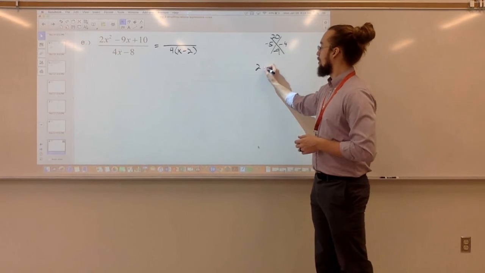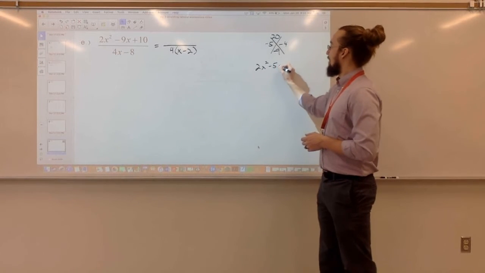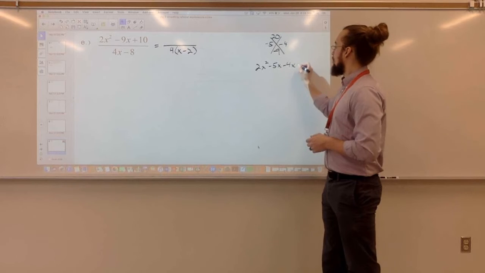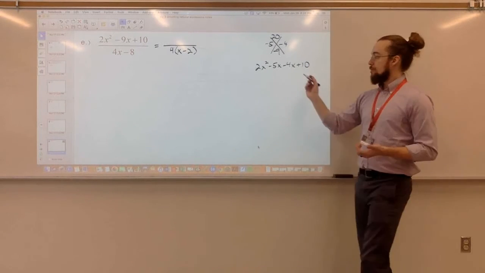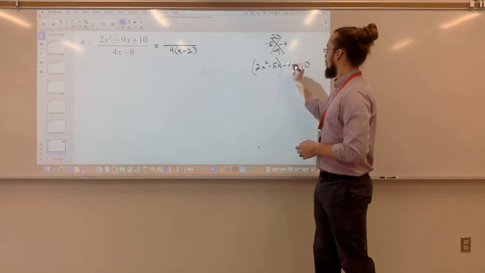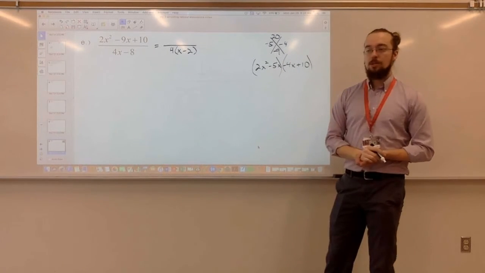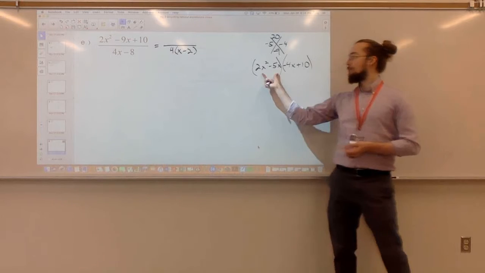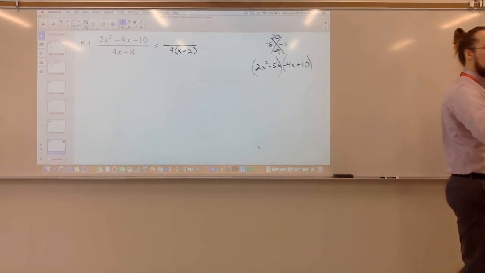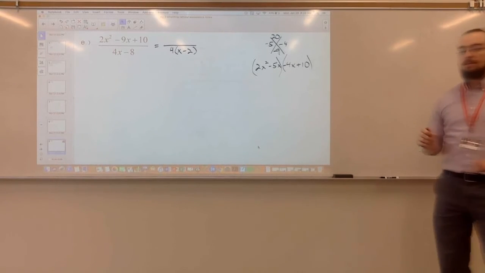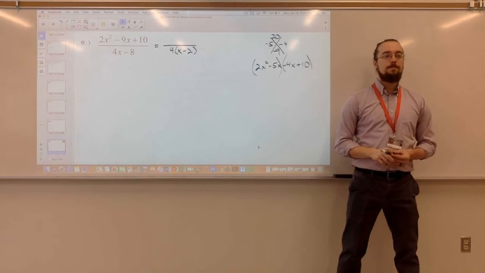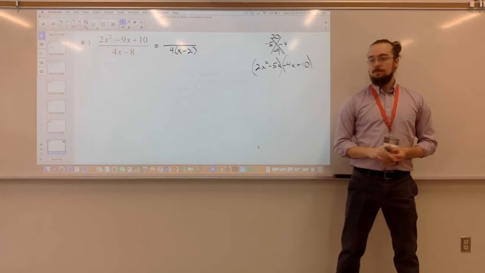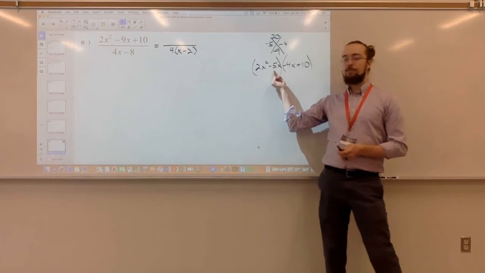So this will become 2x squared minus 5x minus 4x plus 10. Then I'm going to group the first two and the second two. Looking for a GCF between 2x squared and negative 5x, is there a GCF between 2 and 5?